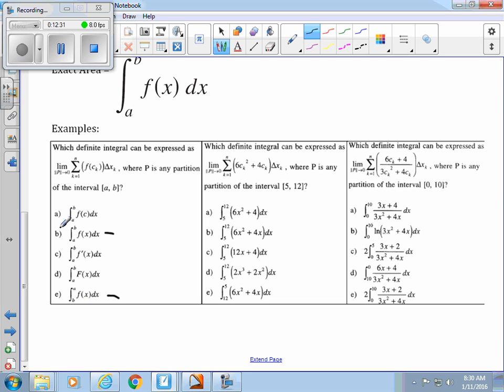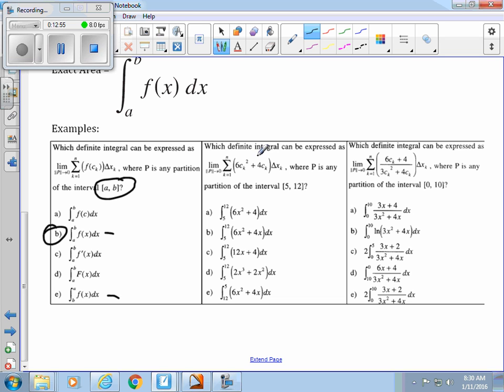A to b, right? Lower limit on bottom, upper limit on top. They tried to trick us there by switching those limits around. How do I know which one's the lower limit? It says I'm finding the area from a to b. So that's question 1. Little different.